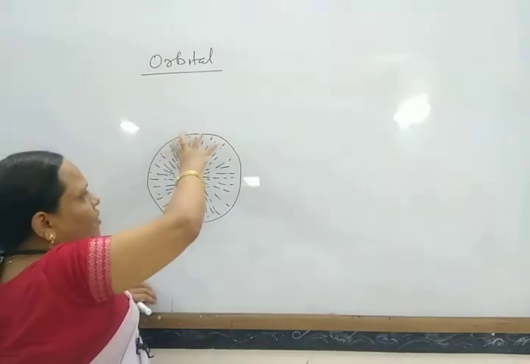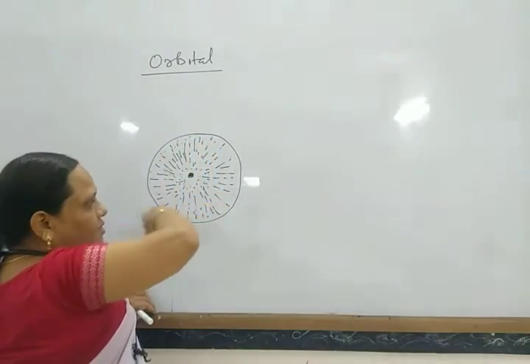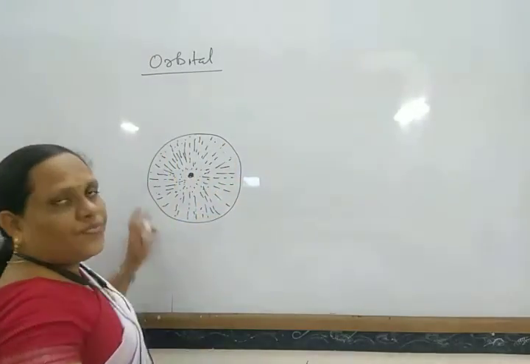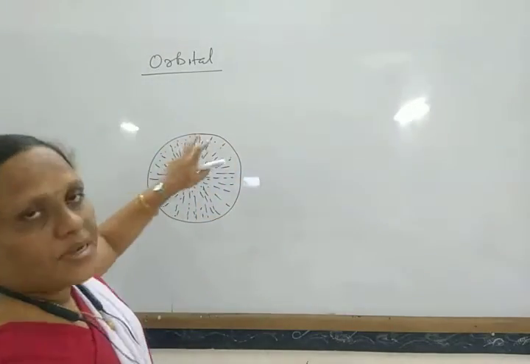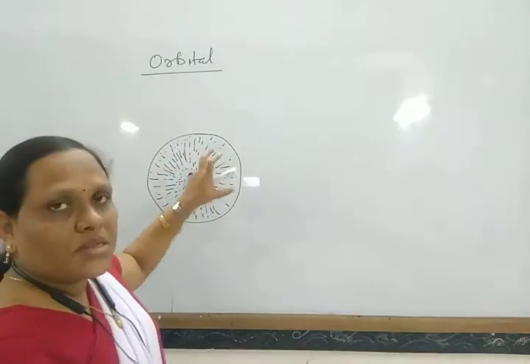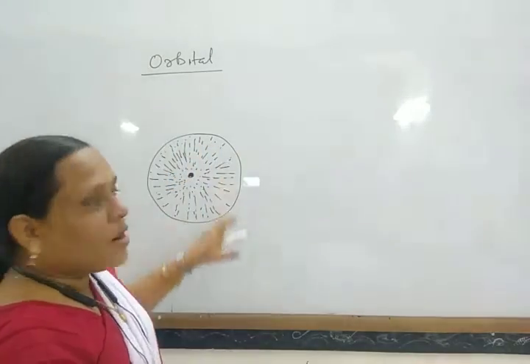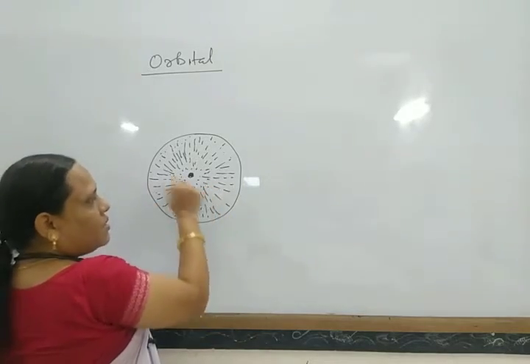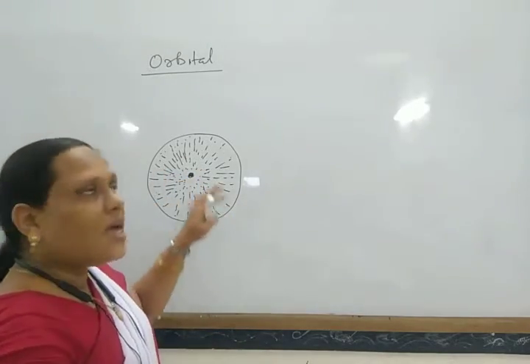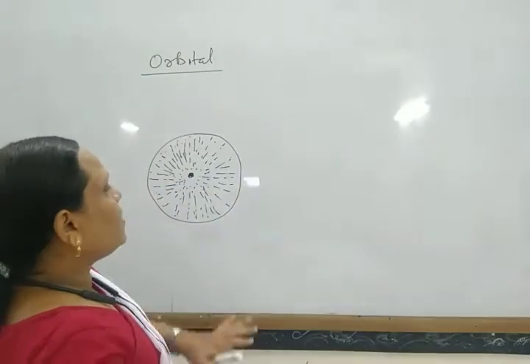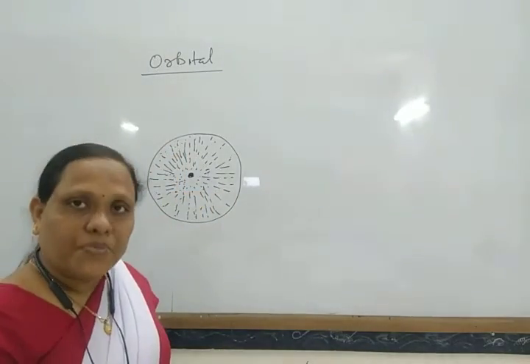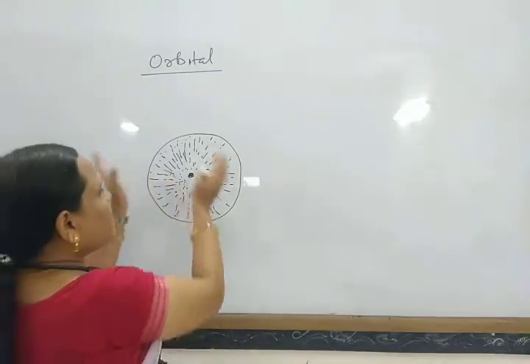The probability of finding an electron in a certain volume within an imaginary boundary around the nucleus, that space is known as orbital.